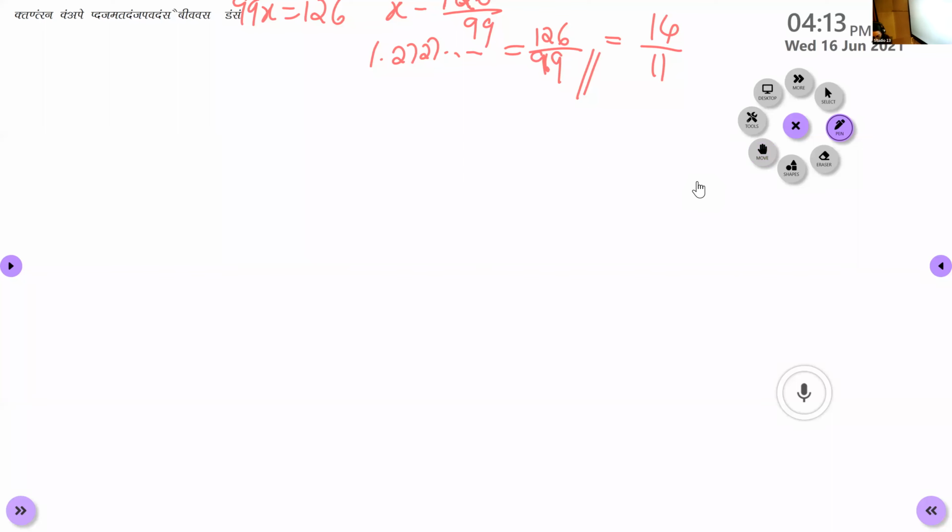Next one is 0.4747. x equal to 0.4747, etc. So we need to multiply by 100.